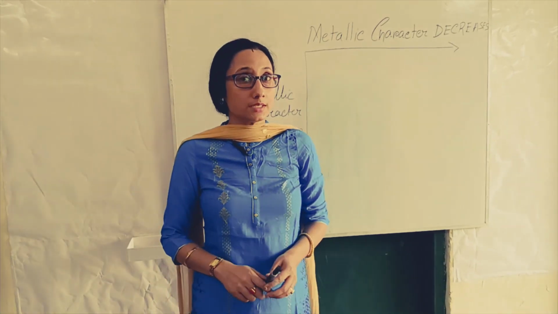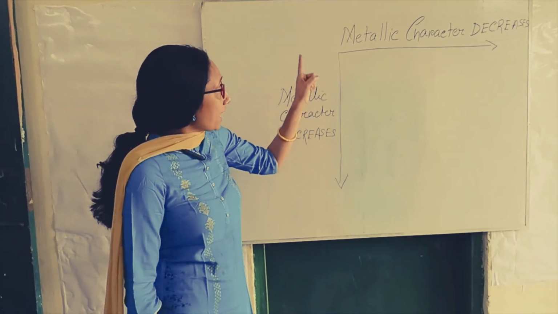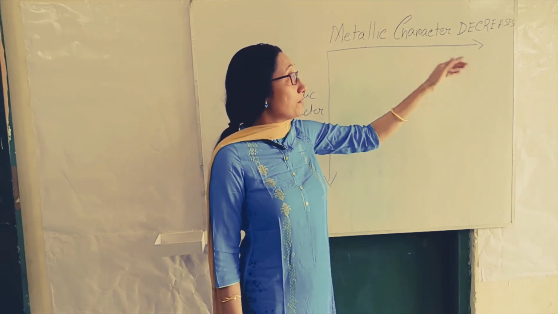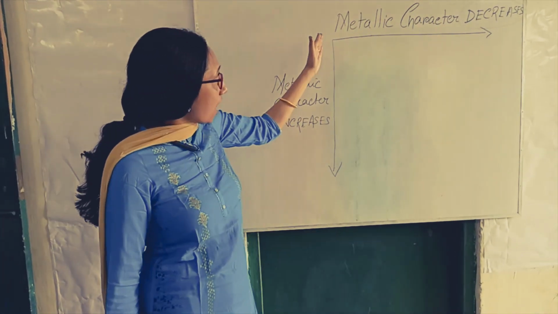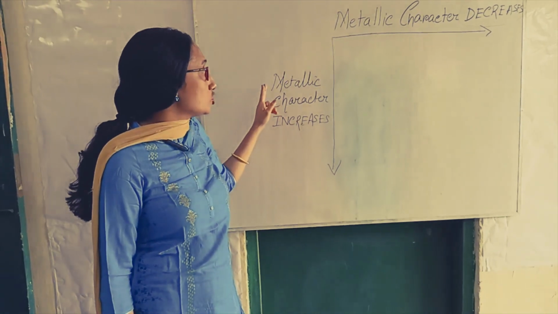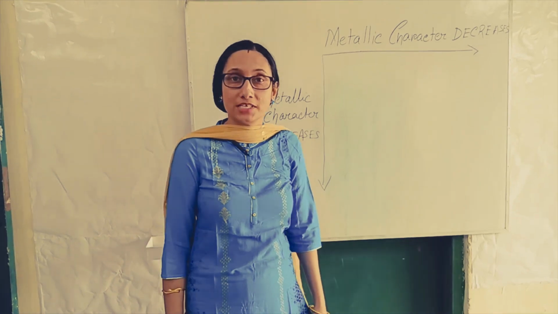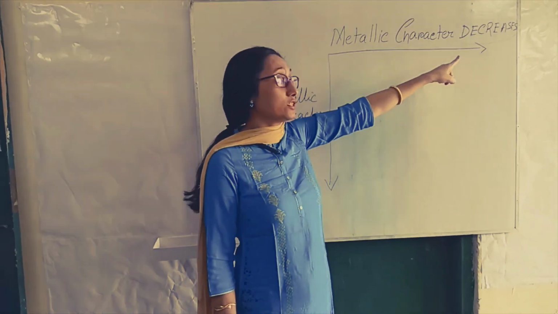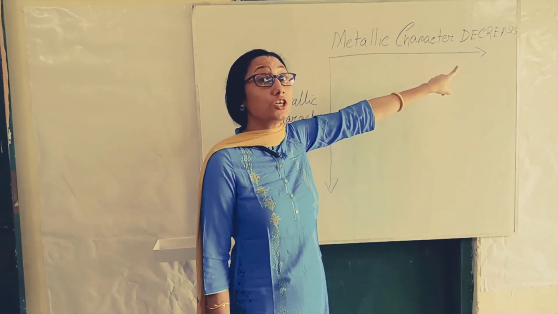Now we will discuss the trend in metallic character. Across a period from left to right, metallic character decreases, and down a group from top to bottom, metallic character increases. What is the reason? When we proceed from left to right across a period, R, that is atomic radius, decreases.